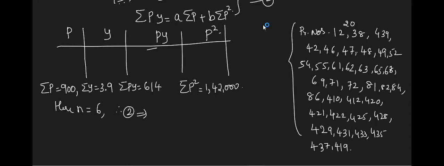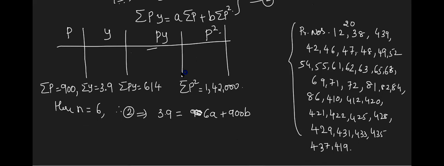So we'll get summation y is 3.9 equal to... sorry. Okay, just see what the equation is. n a, n is 6, so 6a, then b into summation p. Summation p is 900, then b as it is.